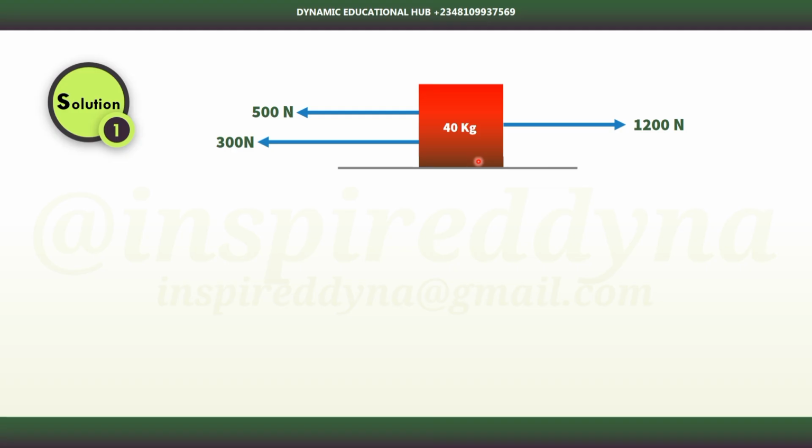Then you can now find your resultant. You can use it to find the direction of your friction. What did I mean? We have 1200 Newton acting towards this direction, and we have these two forces acting towards this direction. So you can find the total sum of these two forces, which is 500 Newton plus 300 Newton. Now we have 800 Newton versus 1200 Newton.